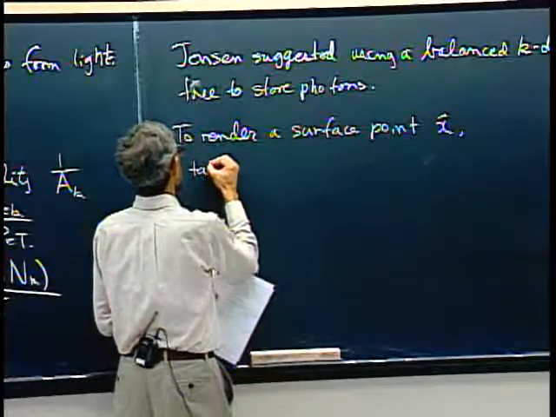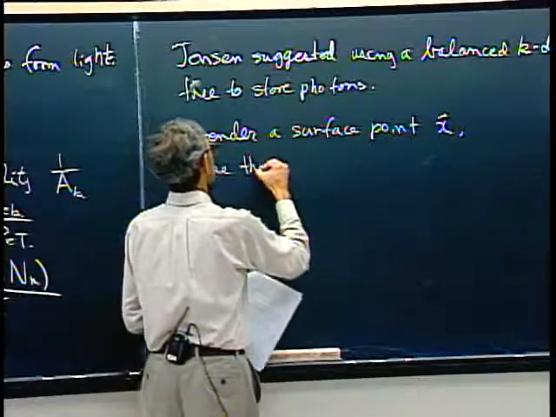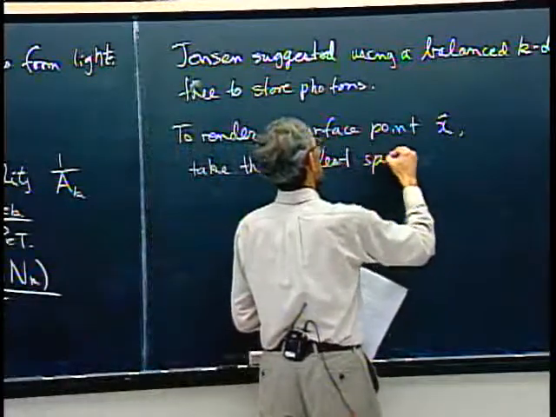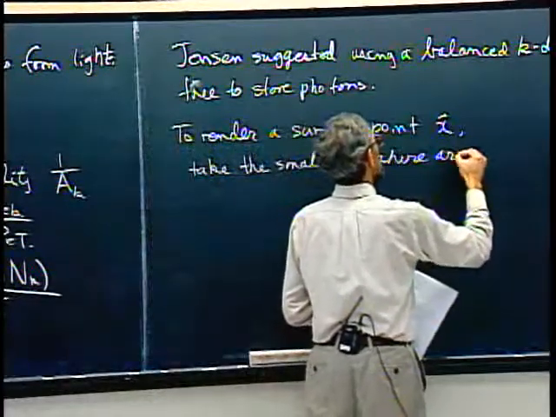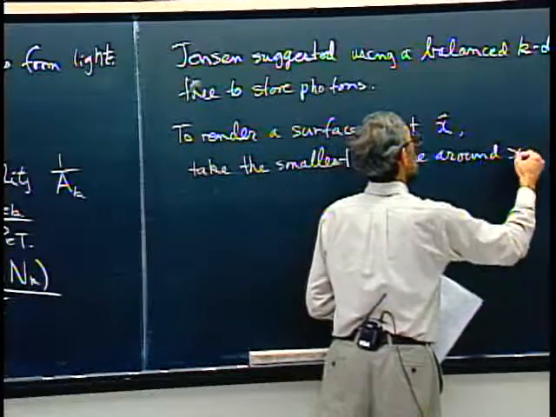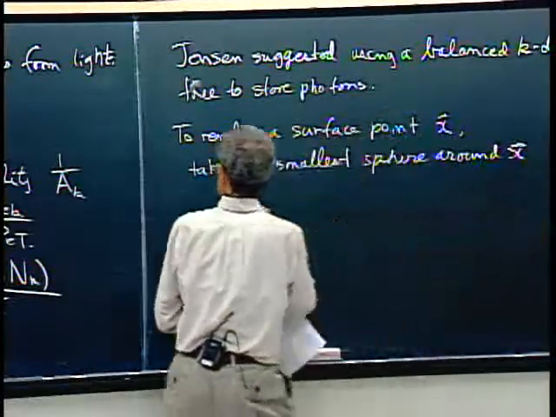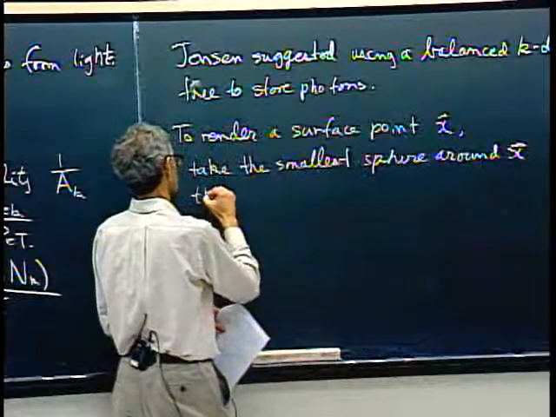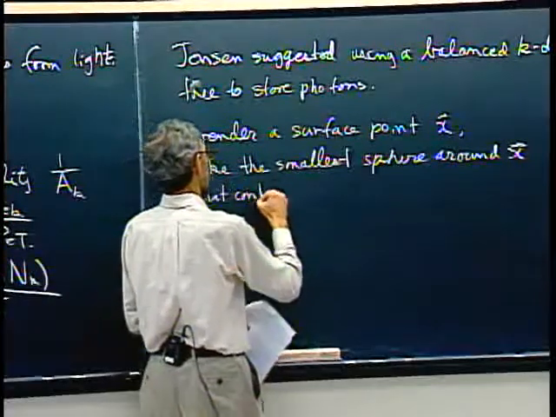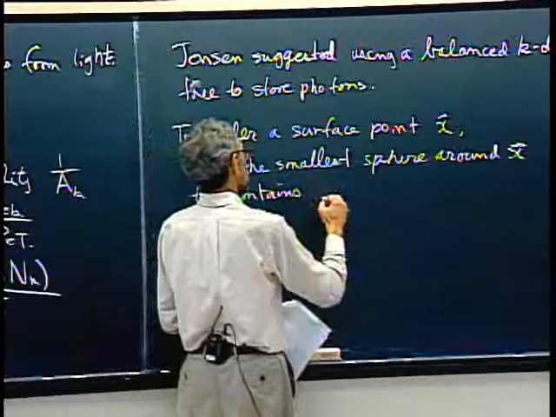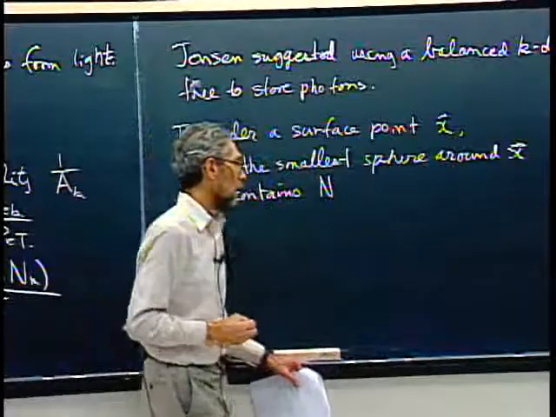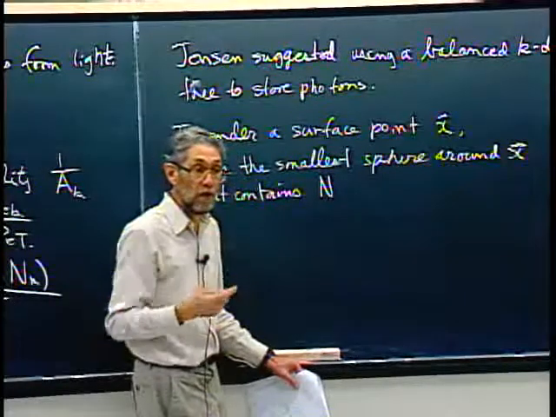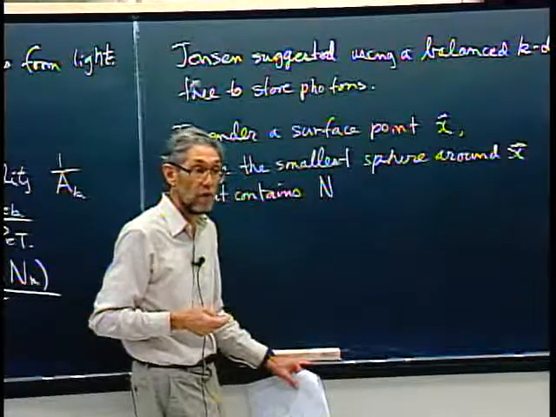Take the smallest sphere around X that contains as many points as you need to specify in advance. Say n points. N could be like 50 or 100 or some number which would give you enough statistics that you wouldn't have too much variance.